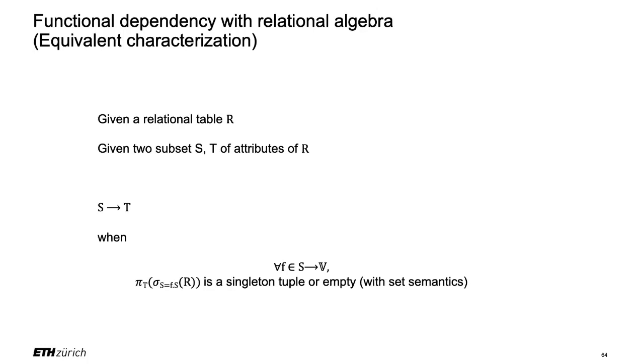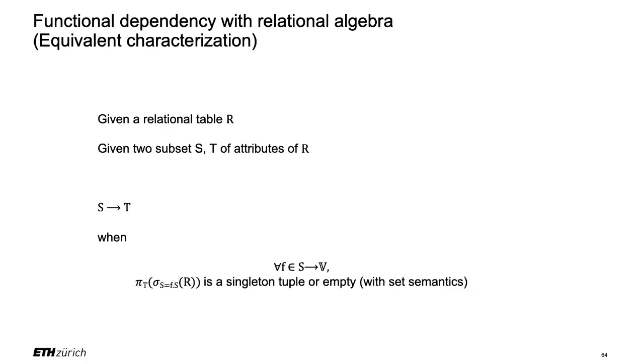Technically, you can characterize that S functionally implies T if when you pick any tuple, I'm calling it F, you pick any tuple in the table, and then given that tuple, you perform a selection on the table, and you look for all the tuples in the table that match with F on the values in S, right?